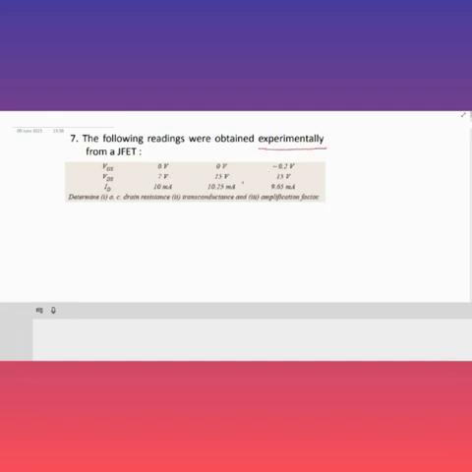So now with the help of these values, we are going to find AC drain resistance, transconductance, and amplification factor. The first thing we are going to find is AC drain resistance.